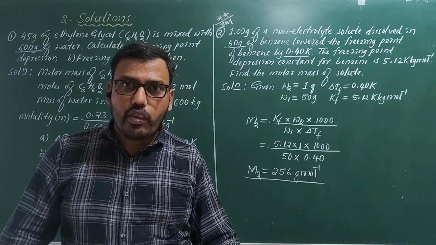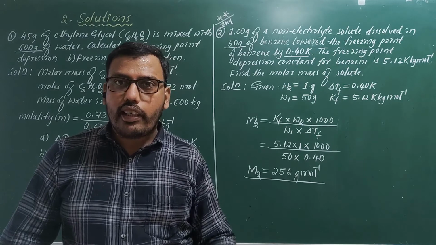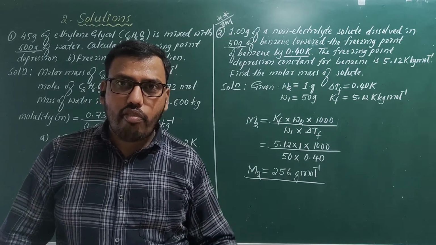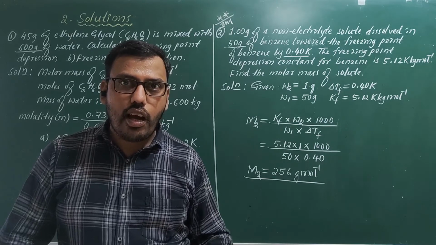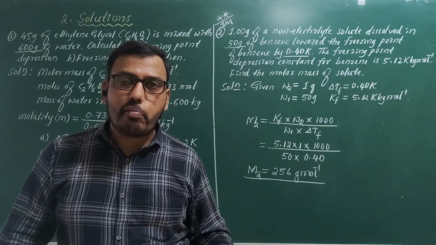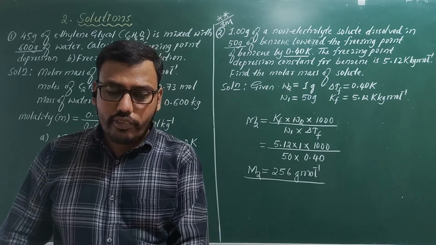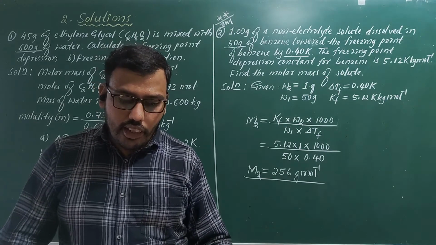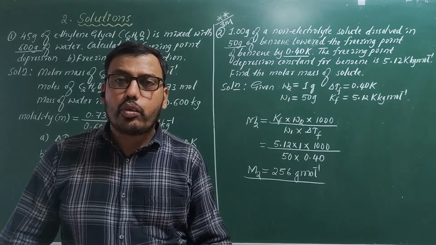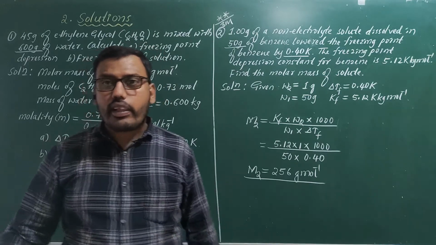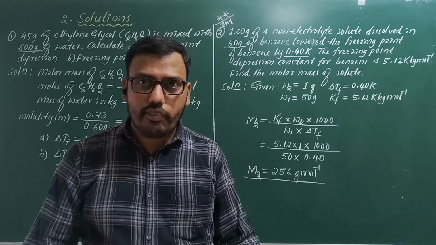Okay. So either a problem on elevation of boiling point or a problem on depression in freezing point may be asked for 3 marks in the examination. So see, while solving these problems we are using Kf and Kb.